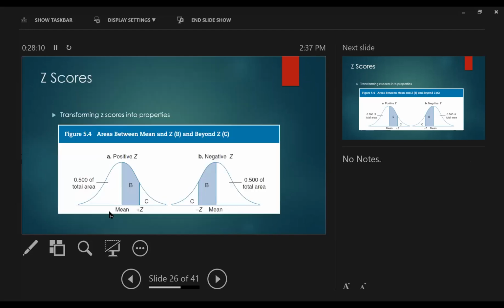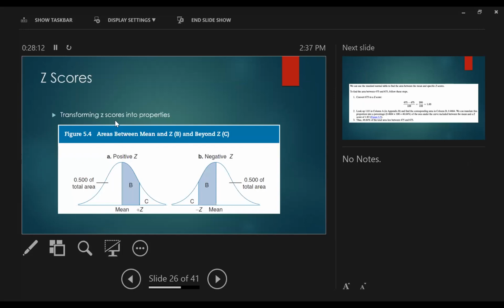Great questions. So again, how do we transform z-scores into specific scores? This is part of what I was discussing earlier. If I know the mean is right here, I know that this area in white of our curve is half of the total area, or 50% of the scores live in this section.